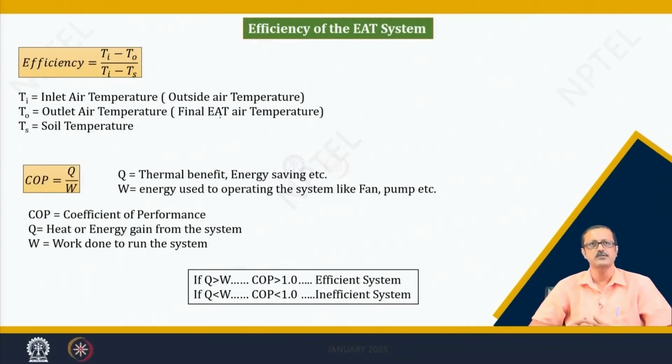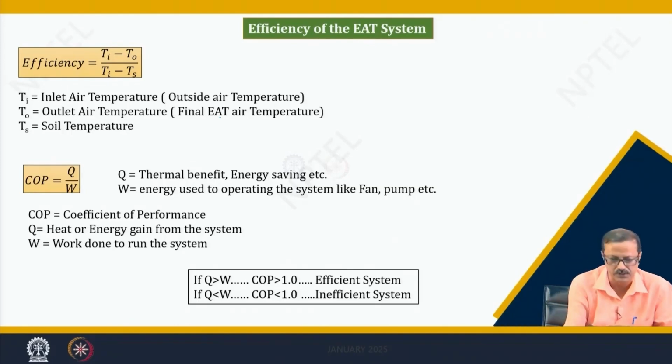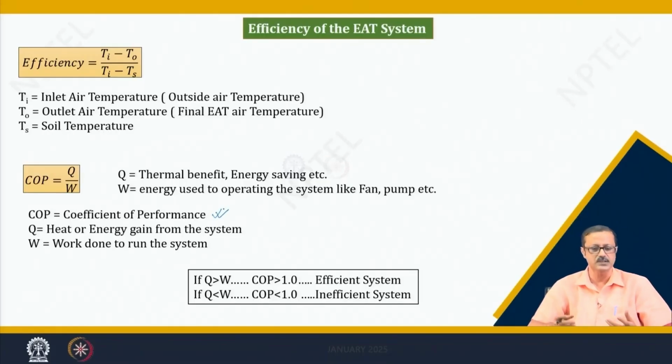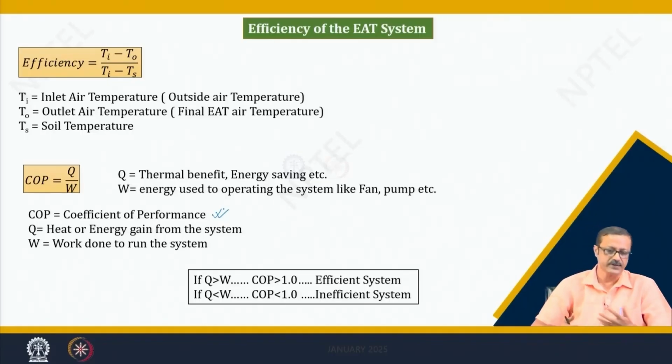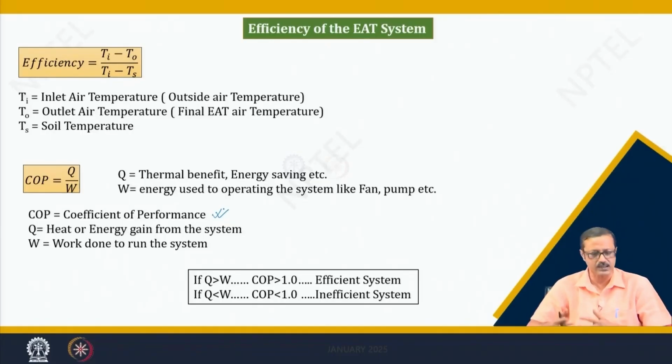We also try to find out the COP. COP is the coefficient of performance of the system, defined as Q by W, where Q is your thermal benefit, how much benefit I am getting by virtue of this system, and W is the work I have to do, the energy expenditure by a fan or some kind of pumping system I have to provide.